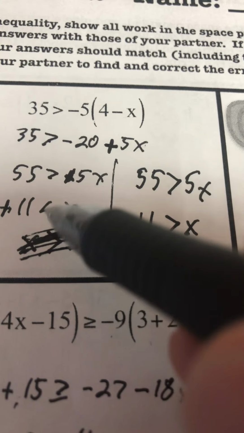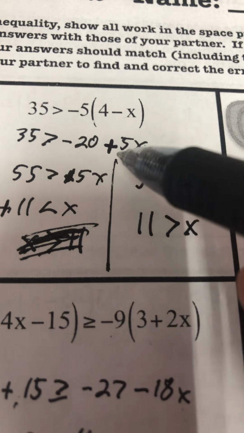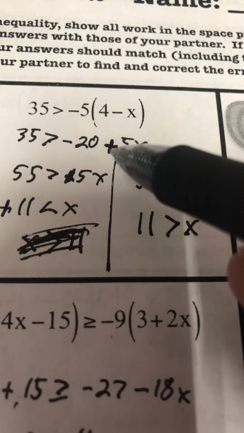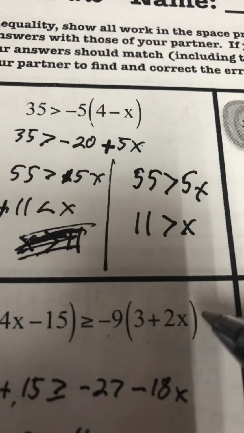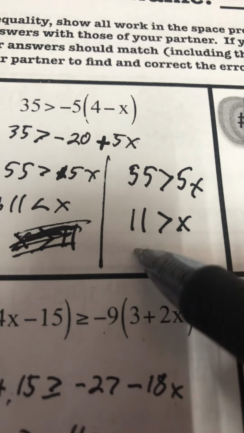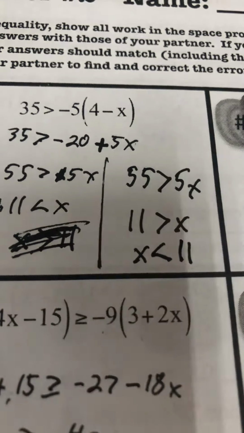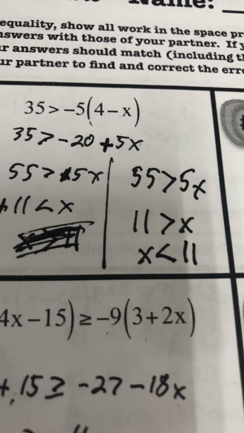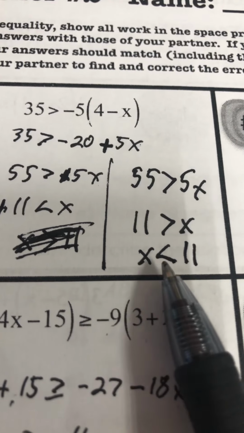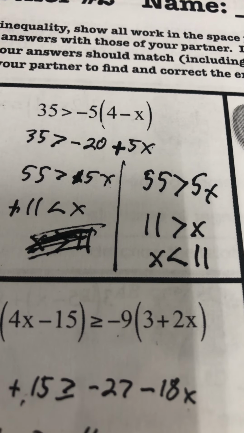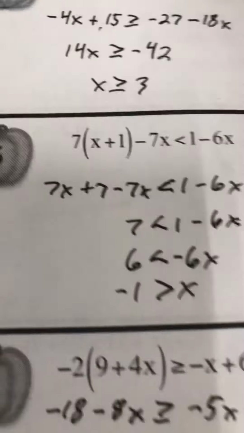See, I flipped it because I thought that was going to be negative because I left that negative 5 times a negative x is a positive 5x. Okay, so I flipped that around, the whole thing, just putting the x on the left side so it makes a little bit more sense. X is going to be less than 11. Any number less than 11 will work there. Okay, all right, forgot about the sign part.